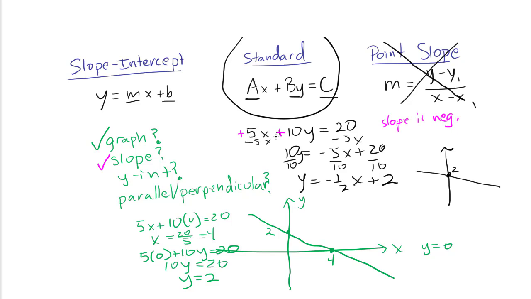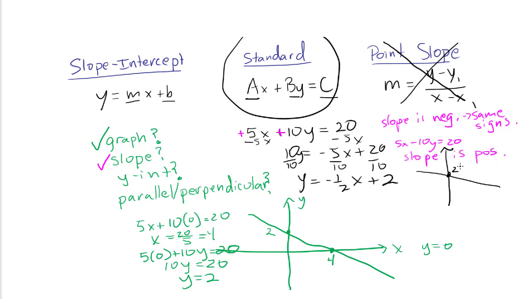If they were minus 5, minus 10, again the same signs, it's a negative slope. If they were alternate signs, say 5x minus 10y equals some number, 20, we know they have a positive slope. So different signs, plus, minus, or minus, plus, the slope is positive.